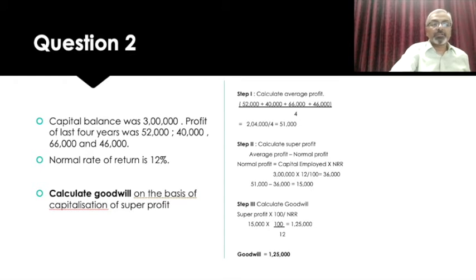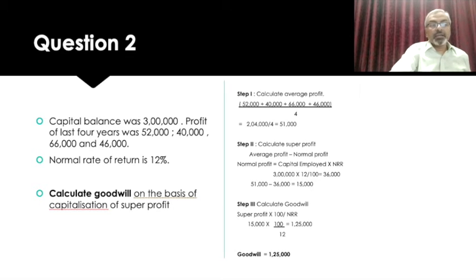average profit minus normal profit. Here we have already calculated the average profit as 51,000. So the next step is to calculate the normal profit. The normal profit, as we know, is capital employed into normal rate of return. Here the capital employed is already given to us as 3 lakh, and the normal rate of return is given to us as 12%.